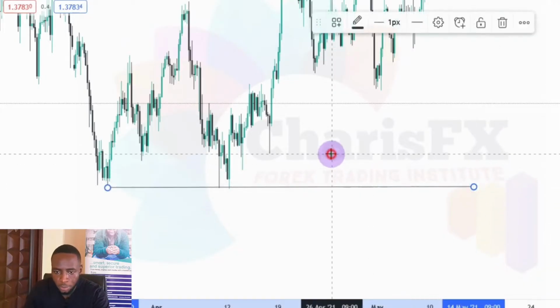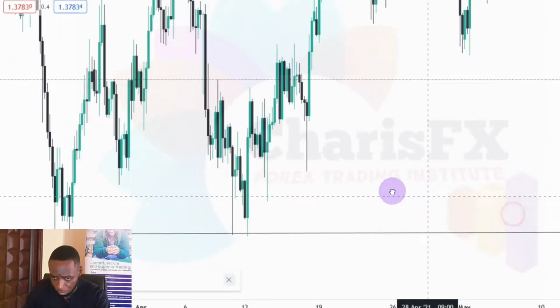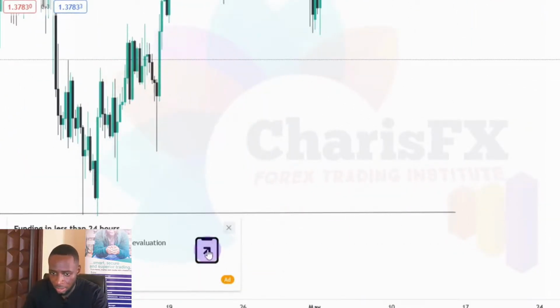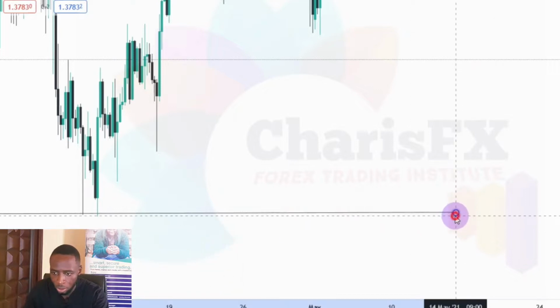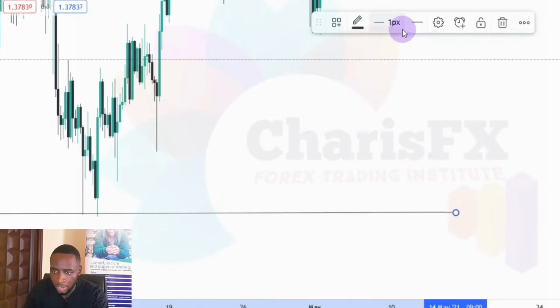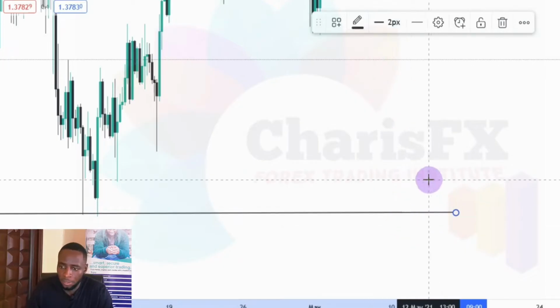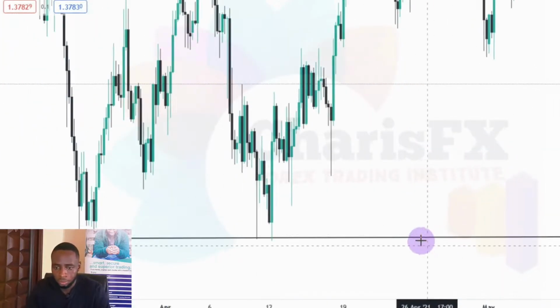You can see how beautiful that is looking. You can increase the thickness of your trend line just so you can see it better. Double click on the trend line, click on pixel, and then you can increase your pixel to 2 or 3 depending on what you want.